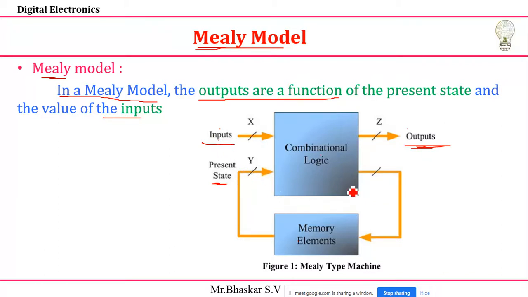Present state means you already stored some value in the memory element, the flip-flop, and I'm going to take that value here. You can see in this diagram, Z is the output, X is the input, and Y is the present state. So the present output depends upon the input and the present state. That type of model style is called a Mealy model.